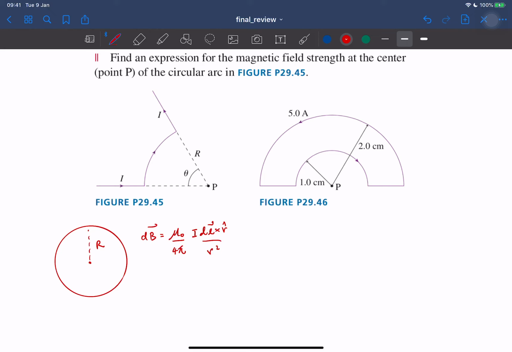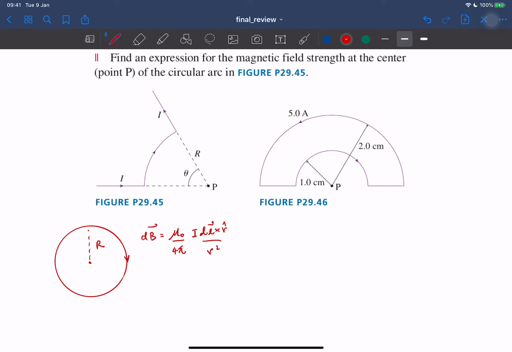Since the magnetic field at the center has the same direction from every section of the circle, we can simply ignore the direction, because we know it's going to point into the page if the current is going this way, and out of the page if the current is going the other way.